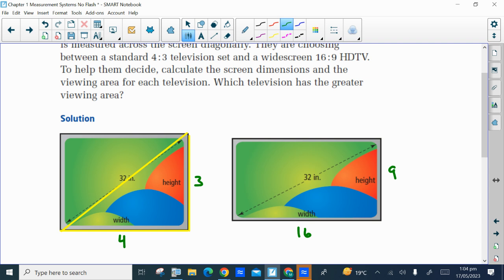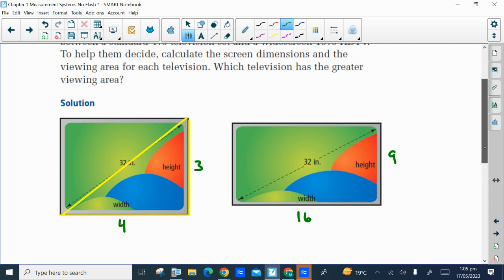To help them decide, we want to calculate the actual screen dimensions, right? The 4:3 and the 16:9 aren't the dimensions. They just show how those two sides are related, but it's not the actual dimensions. So we're going to calculate the actual screen dimensions for each, and then see which one has the greater actual viewing area.